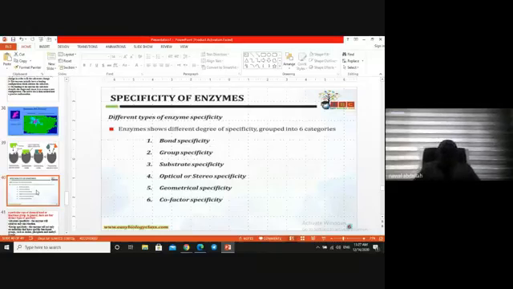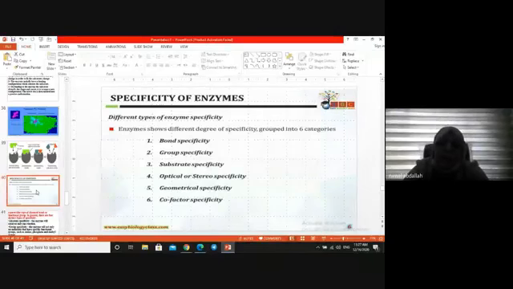One of these properties is its specificity in its working or its job, with different types of enzyme, especially specificity.